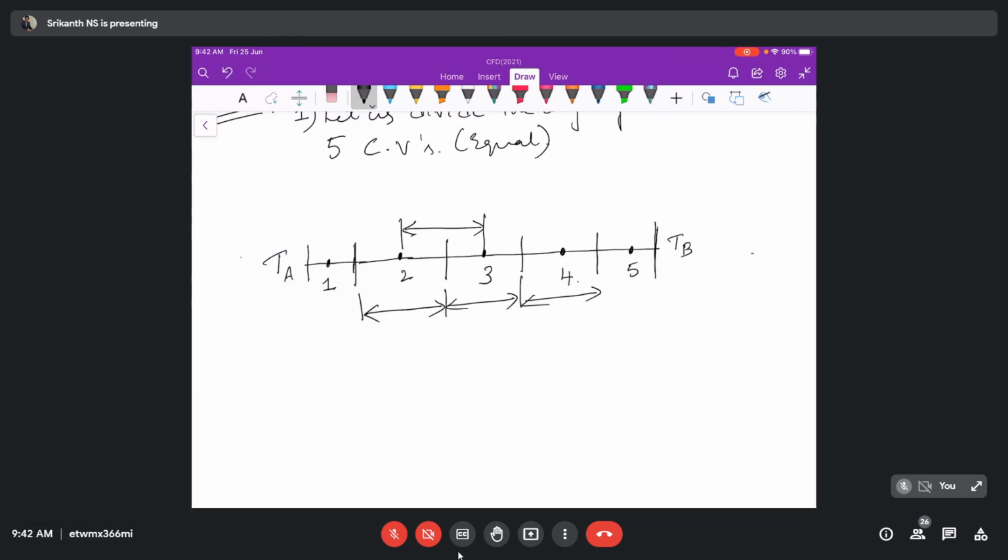But when you come to the boundary, this will be delta x divided by 2, and this will be delta x divided by 2. Is it okay? So you can see here, this is delta x.